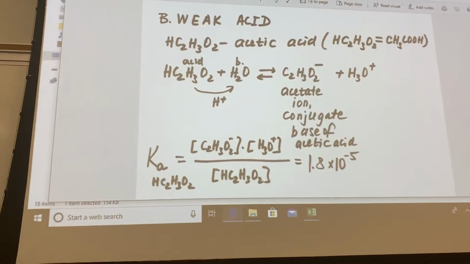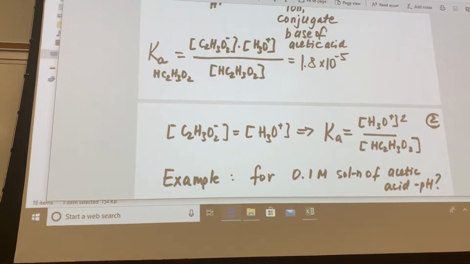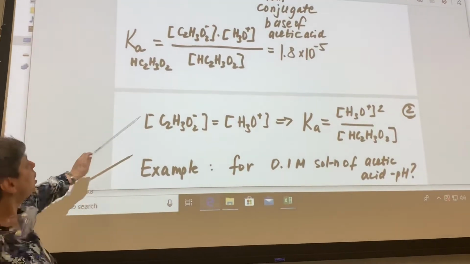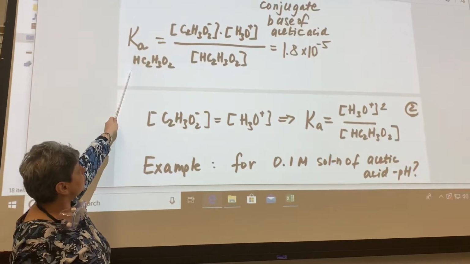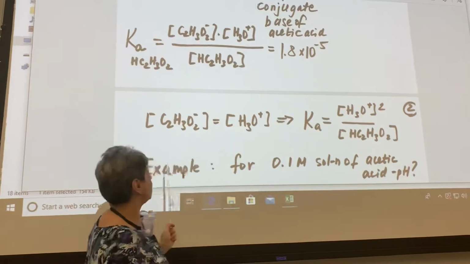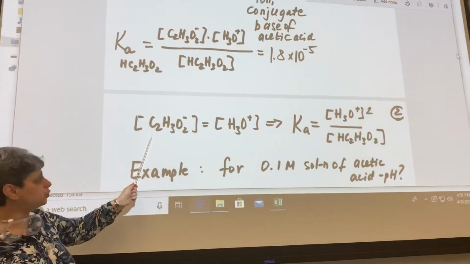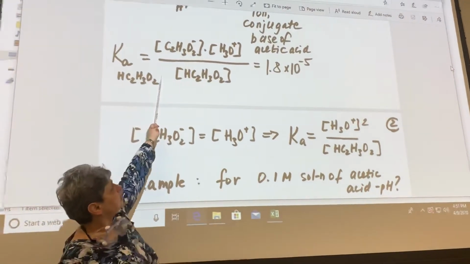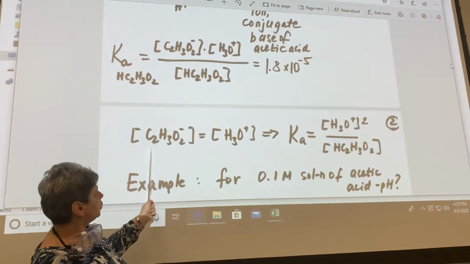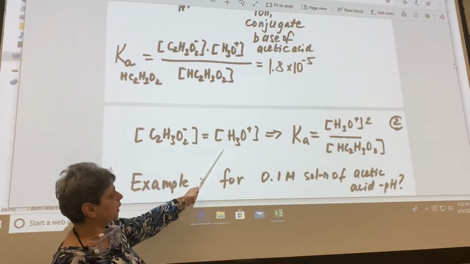So let's consider how we can calculate hydronium ion concentration here. So if we have the expression for Ka and we know the value for Ka, concentration of hydronium ion can easily be found by first assuming that because acetate and hydronium ion are produced in 1-to-1 ratio, concentration of hydronium ion and acetate will be equal to each other.